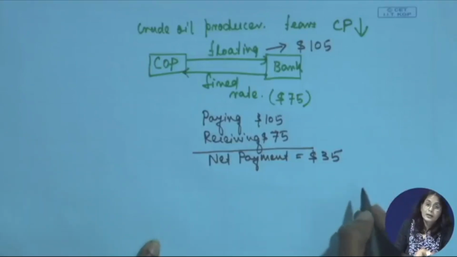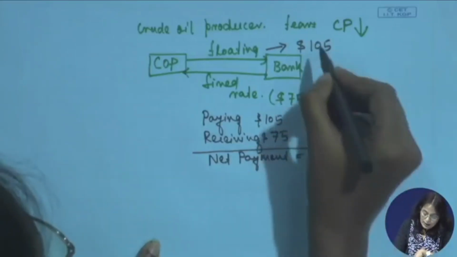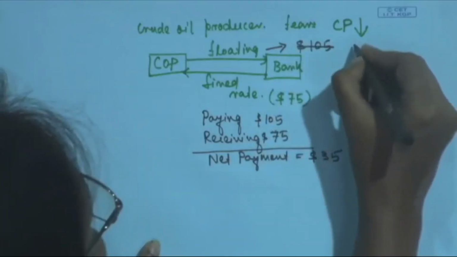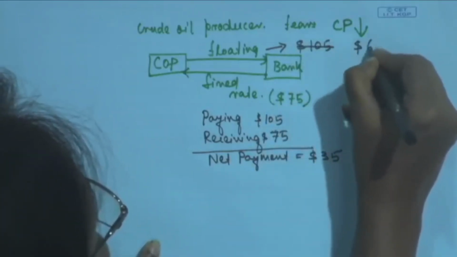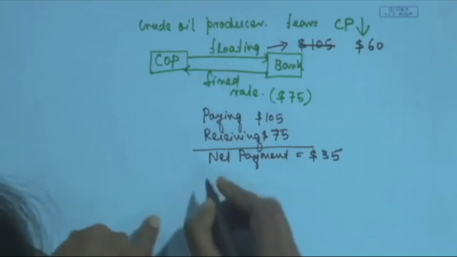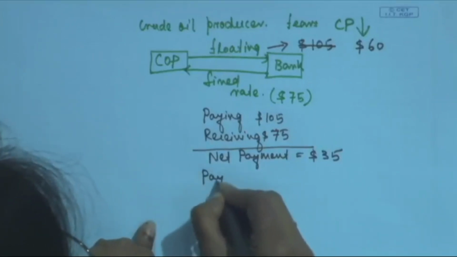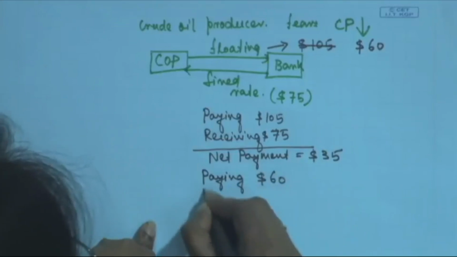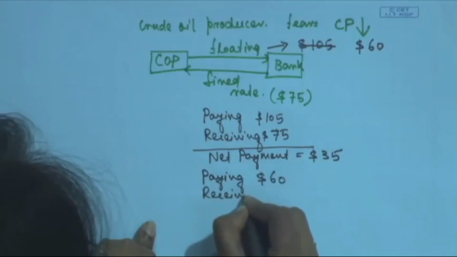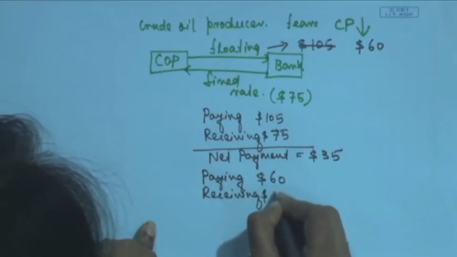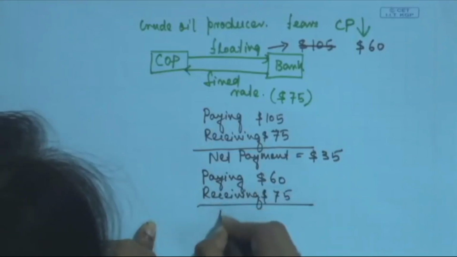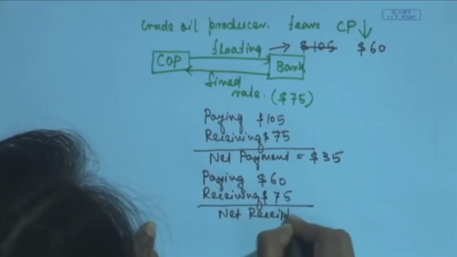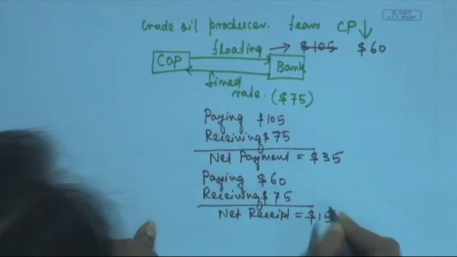Now let's make this something other than 105. Let's say we make it $60. So he will be paying $60 and receiving $75. So his net receipt is $15.